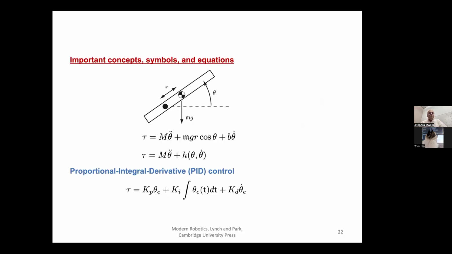Okay, so now I'm going to go through another little bit of cartoon math, basically. So I'm going to now take the simple joint here. So this is a revolute joint. It has mass m, and it is at angle theta, and I'm trying to rotate it from one position to another.